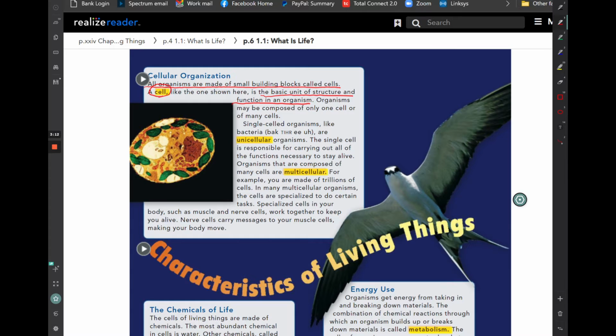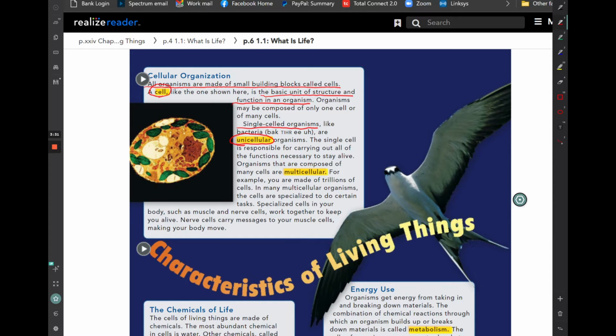We do have a couple terms here that I want to point out, and that is unicellular organisms are those that are single-celled, meaning they are made up of only one cell, but that one cell is able to carry out all of the functions necessary for that organism to stay alive.